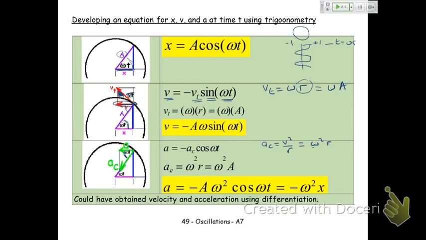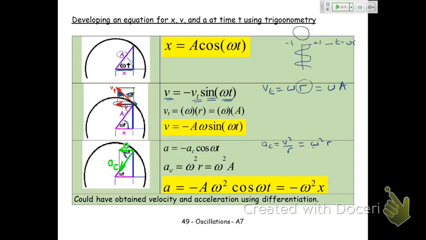I just derived by using a bit of trig my displacement in time, my velocity in time, and my acceleration in time of a simple harmonic oscillator. That thing bouncing up and down. I got it. It's really nice.